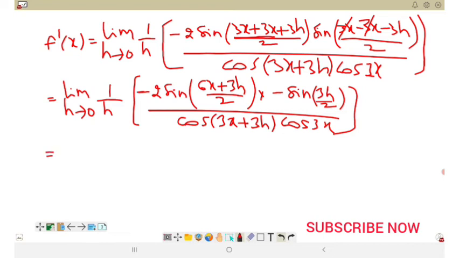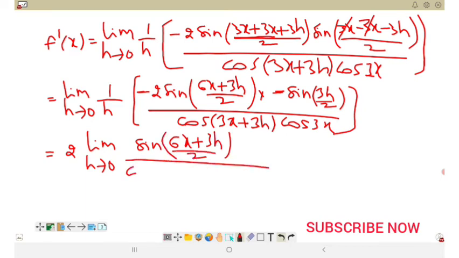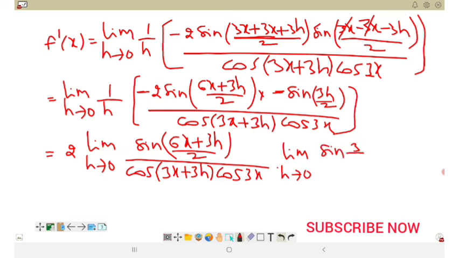Now minus into minus is plus, so right here 2 into limit h tends to 0 sine of (6x plus 3h) by 2, by cos of 3x plus 3h into cos 3x, into limit h tends to 0 sine of 3 by 2 h by h.